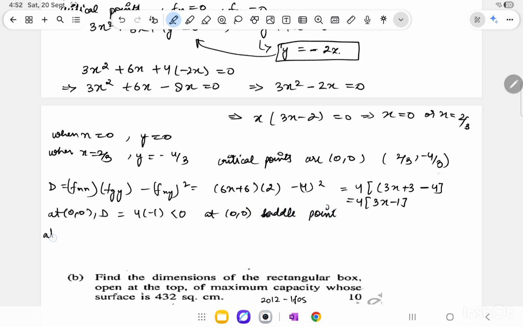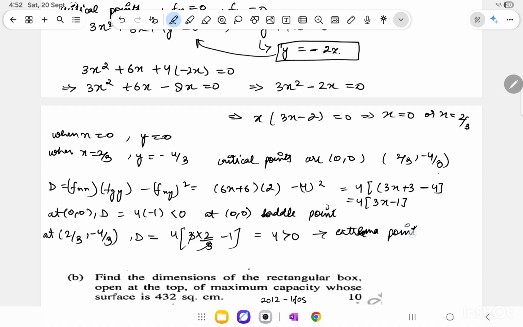Likewise at (2 by 3, minus 4 by 3), D will be basically 4 into (3 into 2 by 3 minus 1). That is basically 4, which is greater than 0. So it is an extrema point. Now let's find out whether it is maxima or minima.